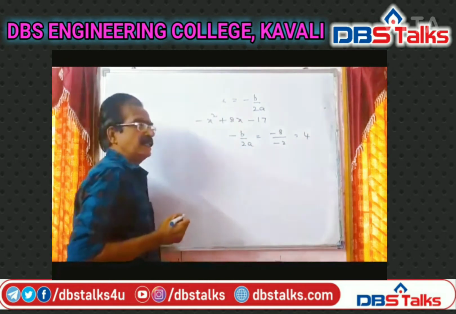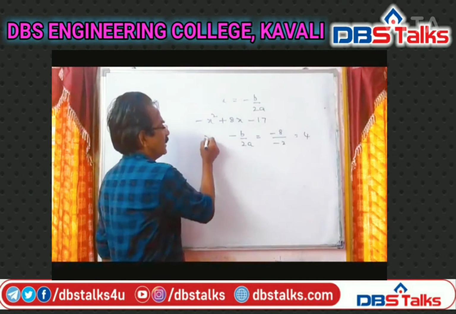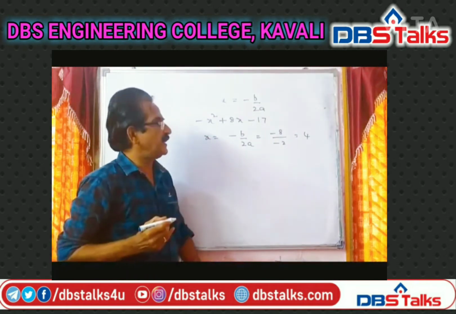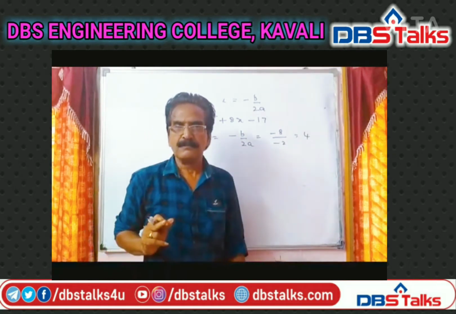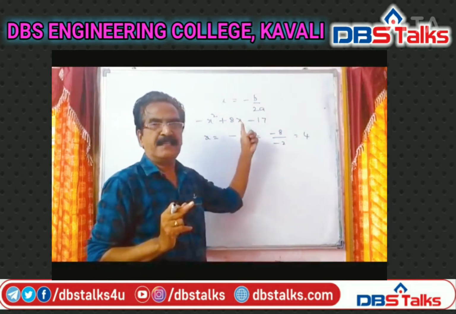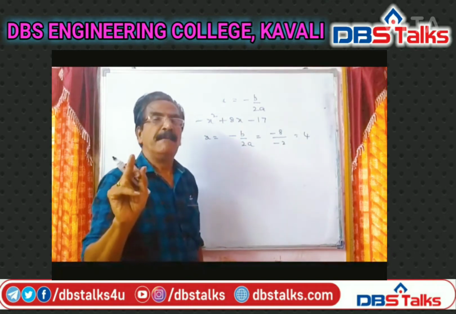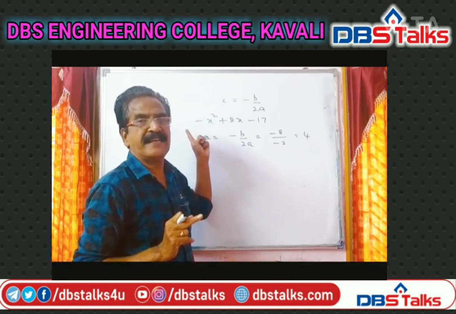So minus b by 2a value is equal to 4. So at x is equal to 4, this expression will have maximum value because the sign of a is minus.